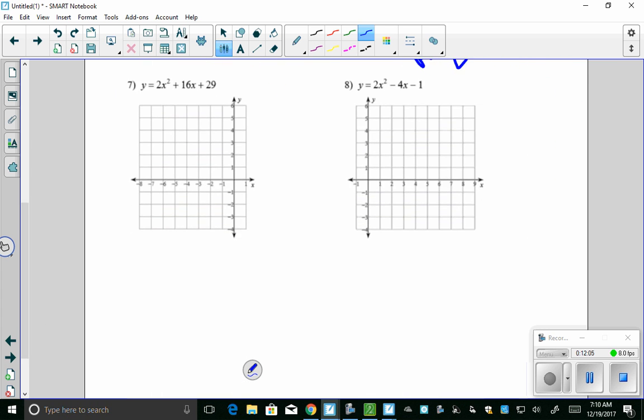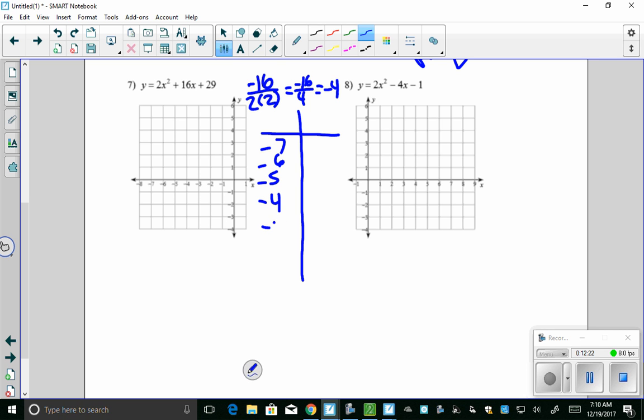Number 7. 16 divided by 2 times 2 gives me negative 16 divided by 4, which gives me negative 4. Fill out your chart. You're going to do 2 times negative 4 squared plus 16 times negative 4 plus 29.